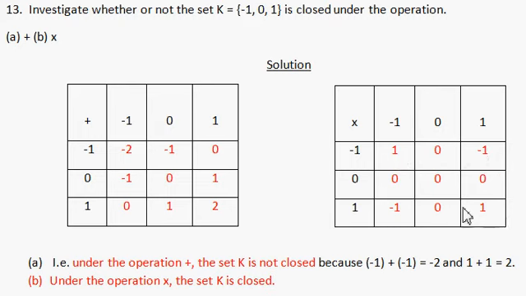As you can see, there are no other values here except -1, 0 and 1, and all these values here are in our set K. So this simply means that under the operation, that's the multiplication sign, the set K is closed, because there is no other value here apart from the ones in our set K.